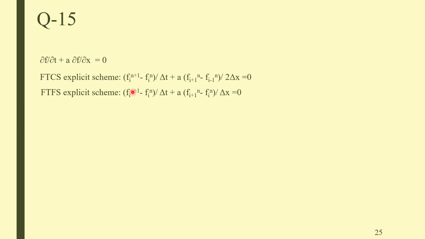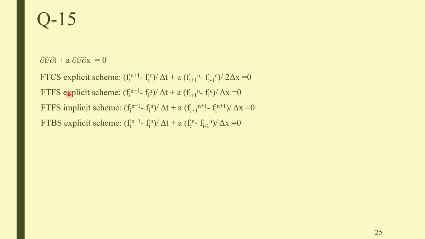And forward time, forward space is given by some modification to this scheme's terms, and that is the forward time, forward space, implicit scheme. And here, instead of the nth time step, we are using the n plus 1th time step because it is an implicit scheme. And then there are the forward time, backward space, explicit scheme, and the forward time, central space, explicit scheme.